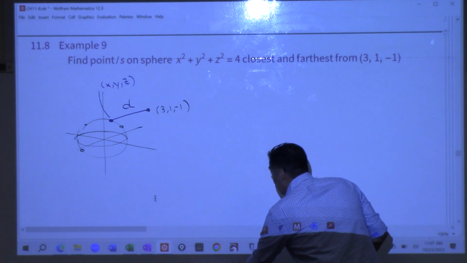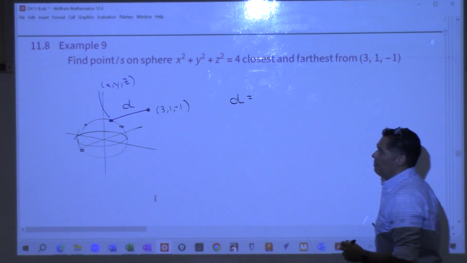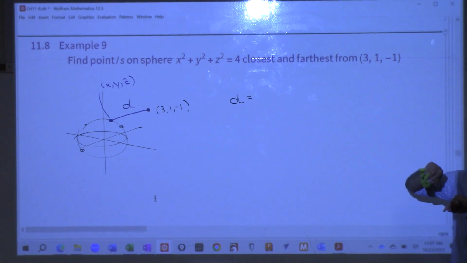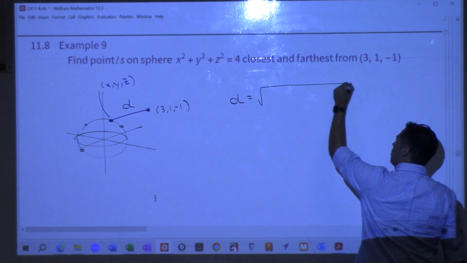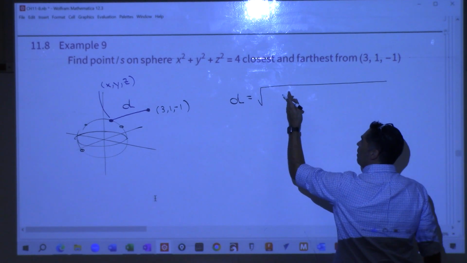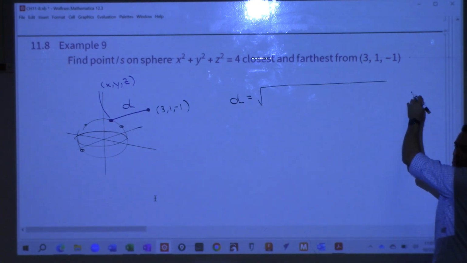So my distance, well, we need the distance formula between two points, and that's from, I think, the first day of class, maybe the second day. The distance is the square root of x2 minus x1 squared plus y2 minus y1 squared plus z2 minus z1 squared.